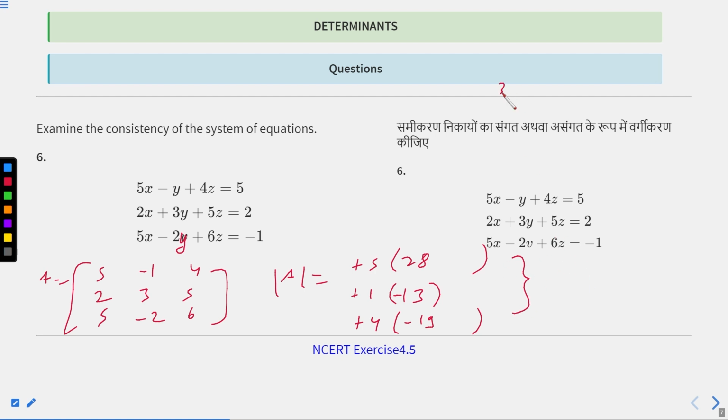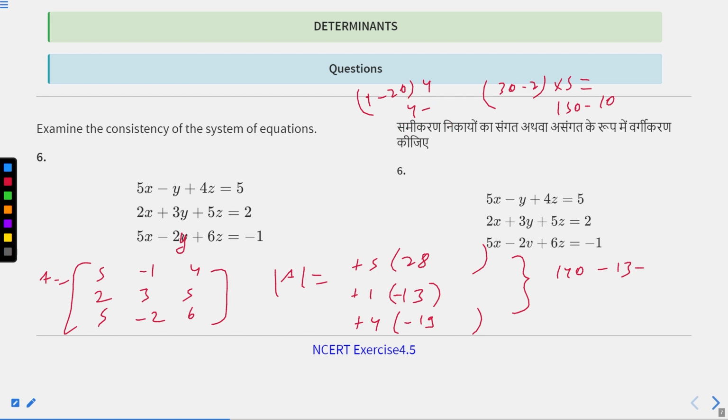This will be 150 minus 10 means 140. 140 minus 19 means 20 minus 1 multiplied with 4, or in other words, 1 minus 20 will give you this thing.